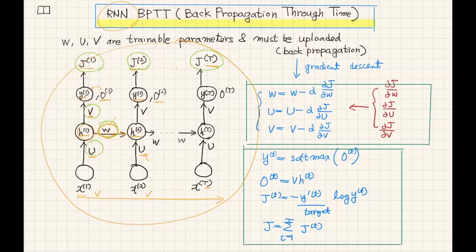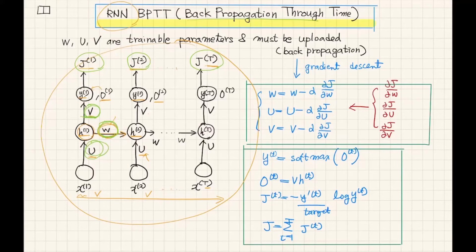Meanwhile, you remember that during the backpropagation, we have to update this V, W, and U. In this class today, I'm going to show you the process to update V as well as W.